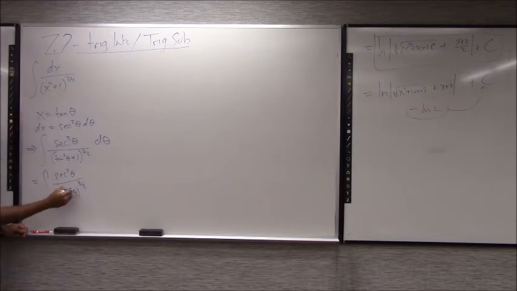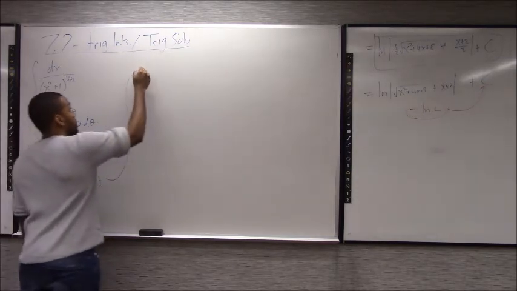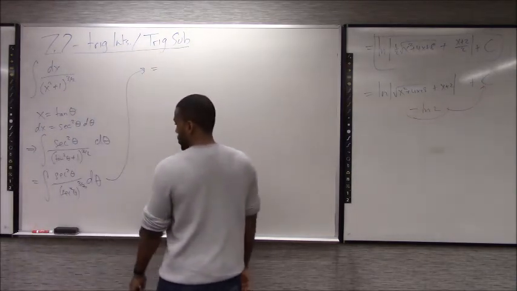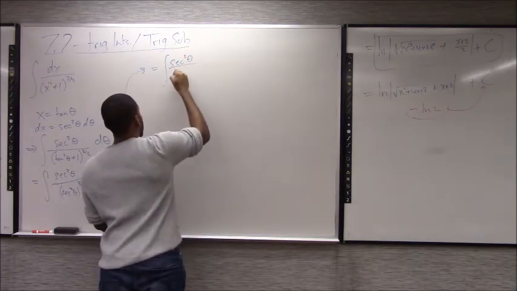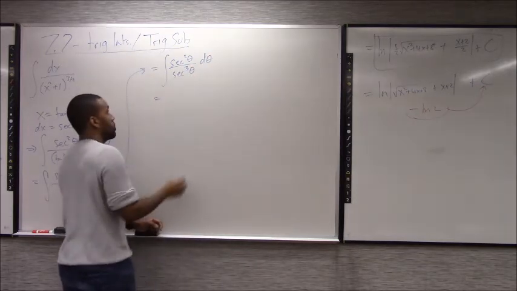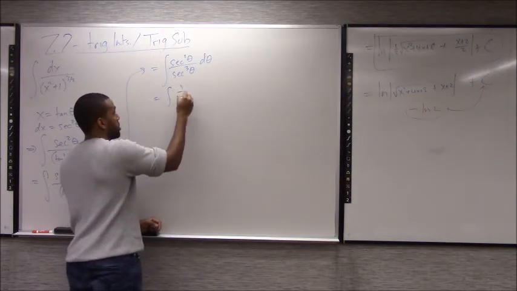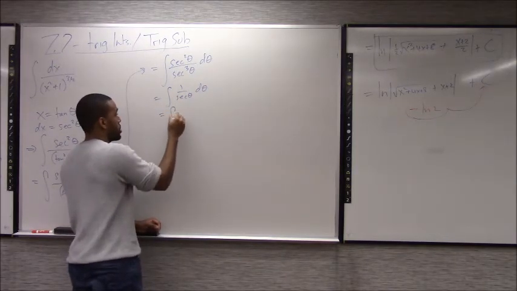But now what happens is I can reduce the power here. And so now what I would actually have is secant squared divided by secant cubed, which is just 1 over secant, which is just cosine.